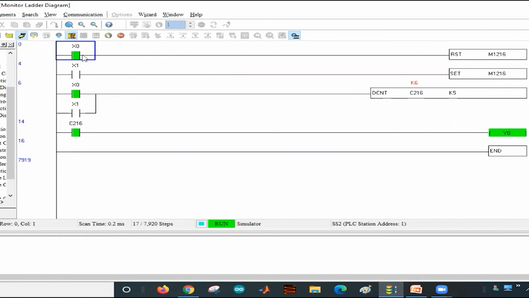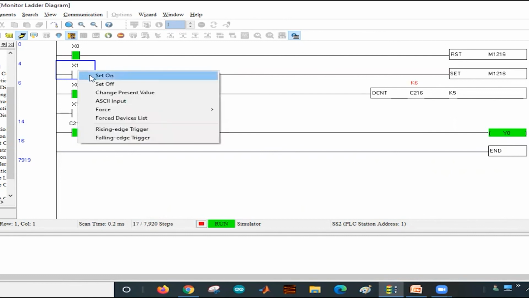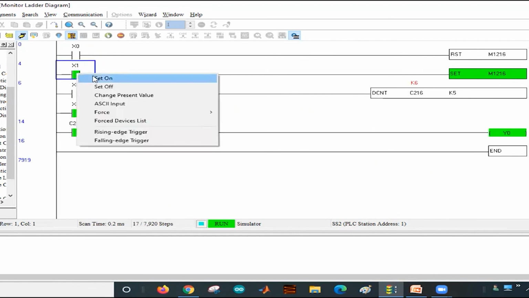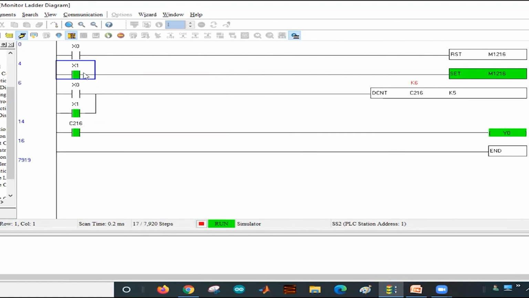Now if you want to decrement it, you have to press X1, or your photoelectric sensor which is at the exit has to detect the product. Whenever a product is detected by this photo sensor at the exit, the value will be decremented by 1.